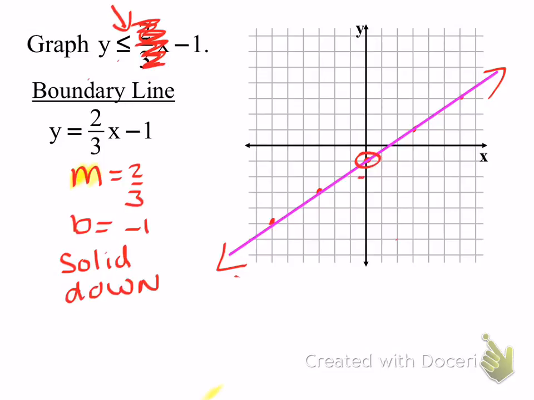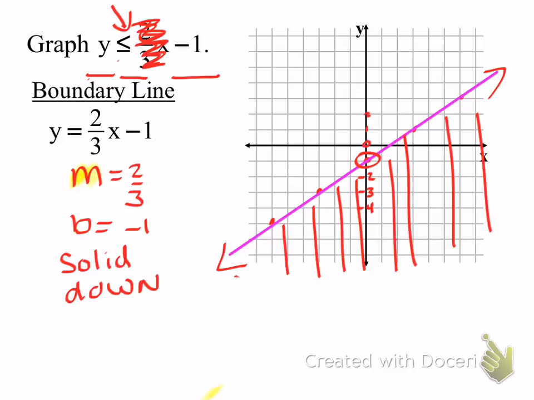This is negative 2, negative 3, negative 4. Here's 0, 1, 2. The numbers less than negative 1 on the y-axis are below that point of intersection. So that whole side is the area that gets shaded.